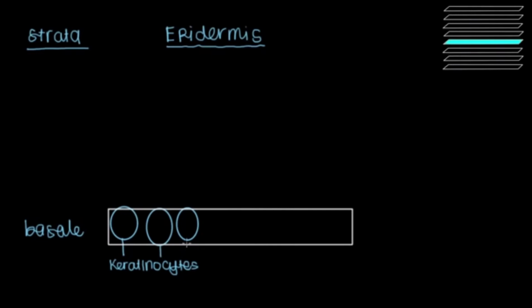Keratin means protein and cytes means cells. Keratinocytes contain cytokeratin, an intermediate filament which helps give our skin its top outer layer.